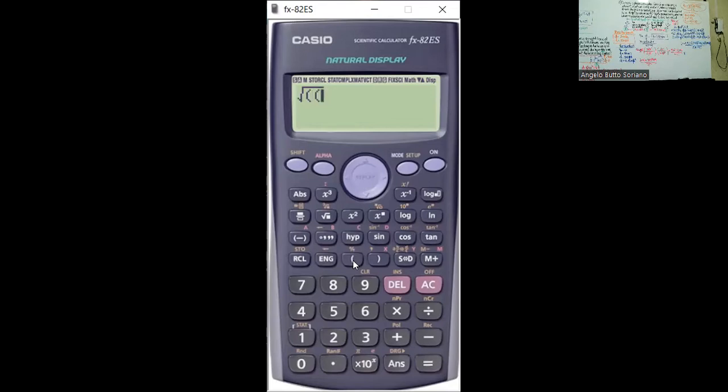Inside the parentheses, we write 1.92, close parentheses, second power, minus 4 times a, that will be 0.075, close parentheses, open parentheses, negative 457.32.